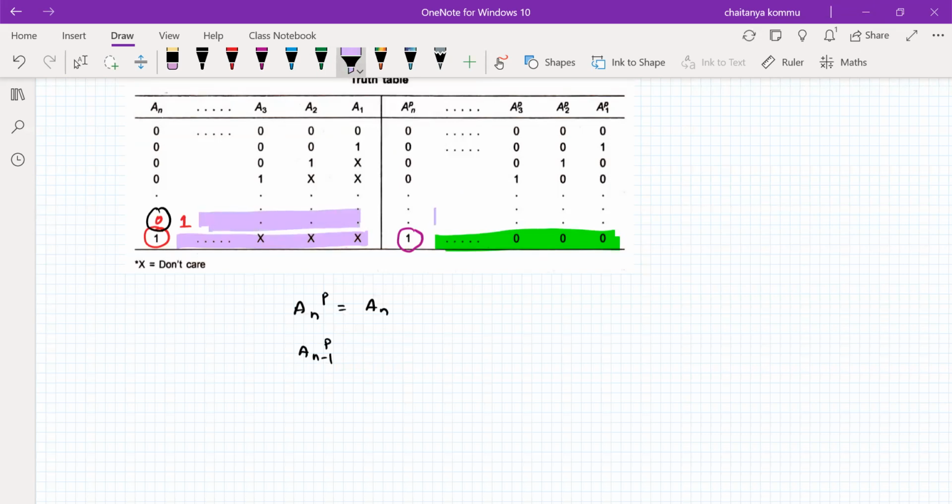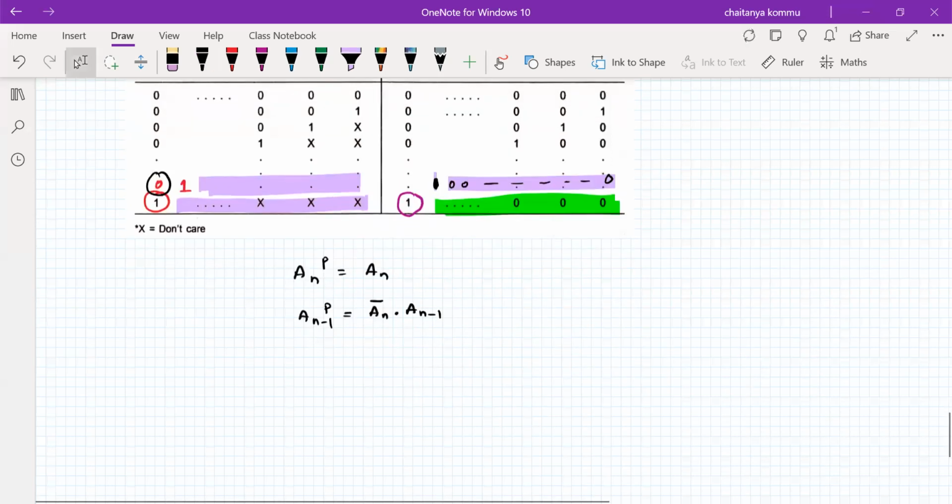Then it will produce the one here, and the remaining are all zeros, right? Therefore, for AN minus 1, AN must be complemented, that means it must be 0, and not only that, AN minus 1 must be there. Then only it will perform.